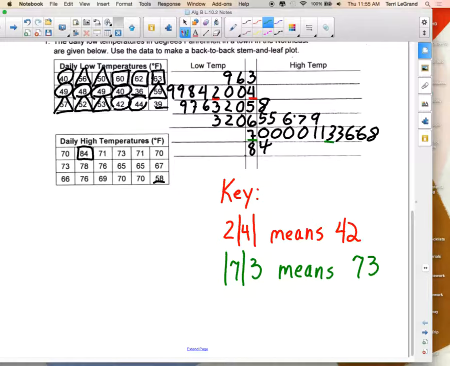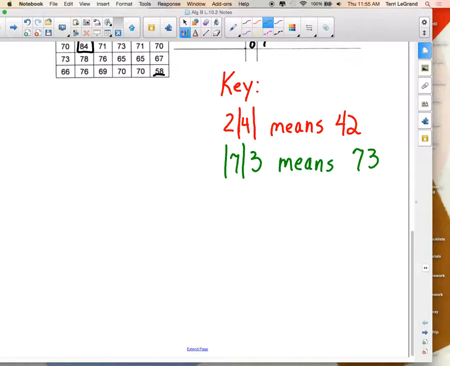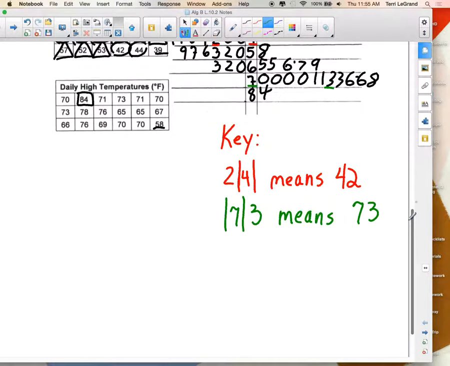It wouldn't be wrong, as long as, here's what's really important, when you're doing it from the left side, the leaf has to be on the left of the stem, doesn't it? When you're doing it from the right side, the leaf has to be to the right of the stem. That's the really important part, okay? Any other questions? Okay, let's get going on your homework.